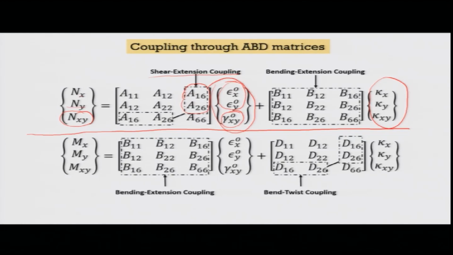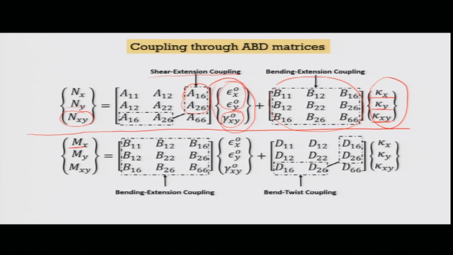Going the same way, here you are going to have the bending extension coupling. Why is it bending extension? Because in this part, if you have a bending, it is going to affect the curvature in the x direction. Similarly, My in the y direction, or Mxy, the twist in the kappa xy direction. That is my bending extension coupling.